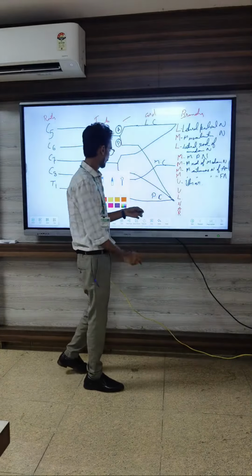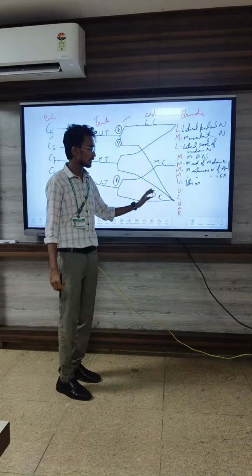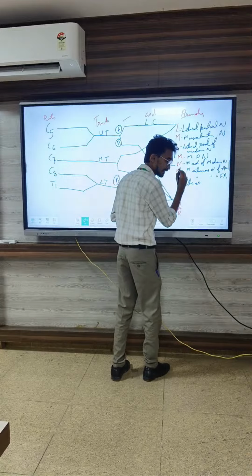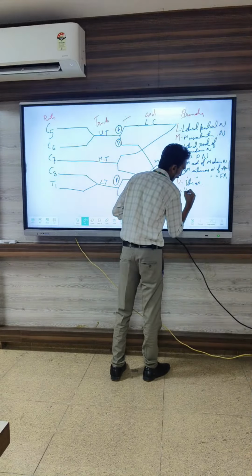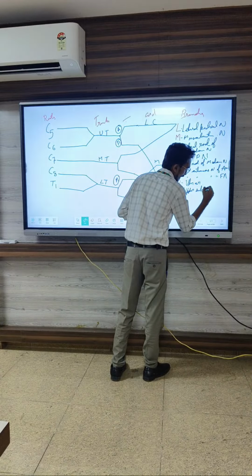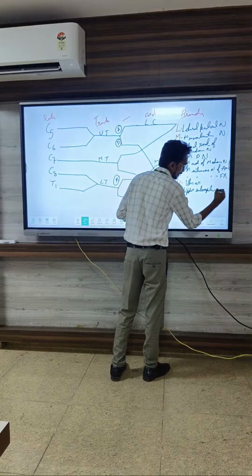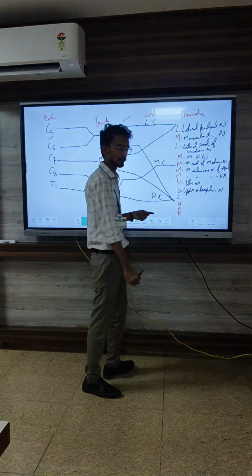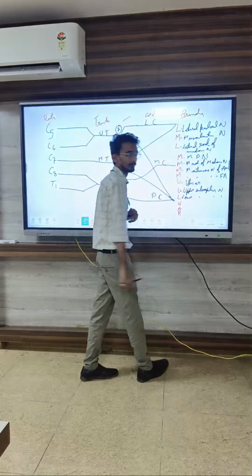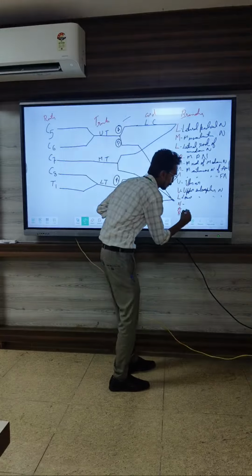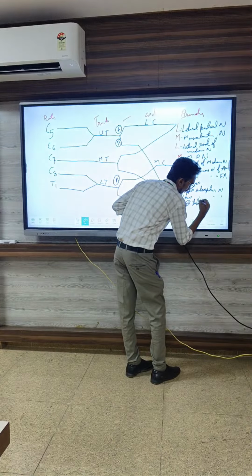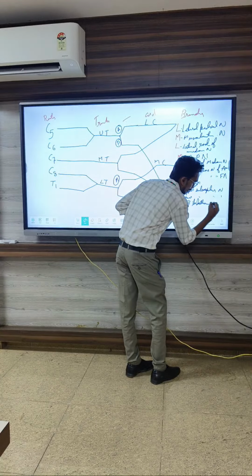Then moving to the posterior cord, again we have some branches. We'll name them. First, U stands for upper subscapular nerve. Then L stands for lower subscapular nerve. Then N stands for nerve to latissimus dorsi.